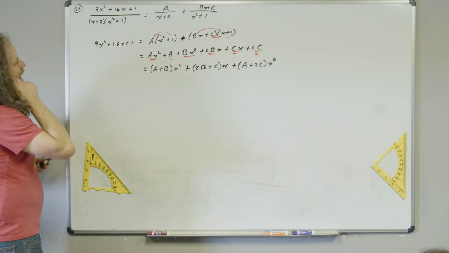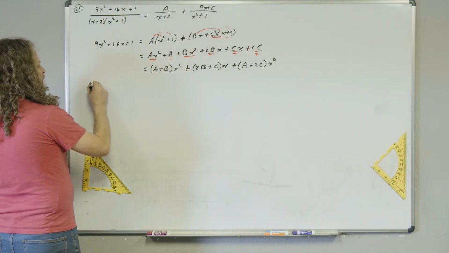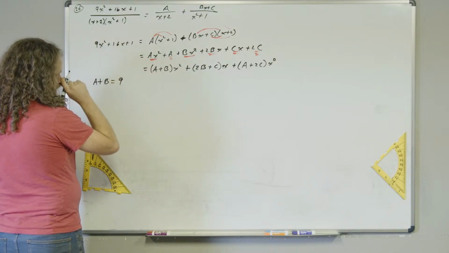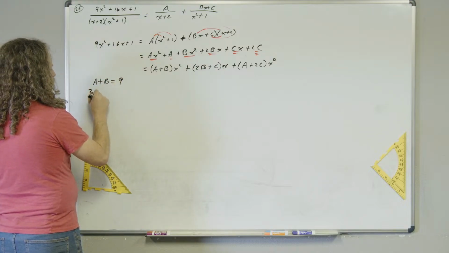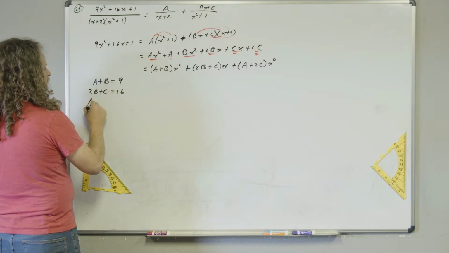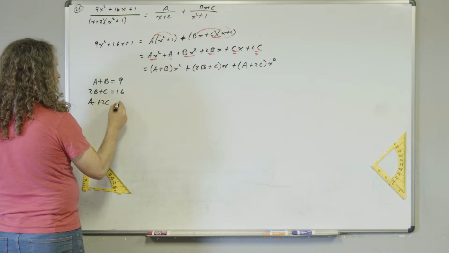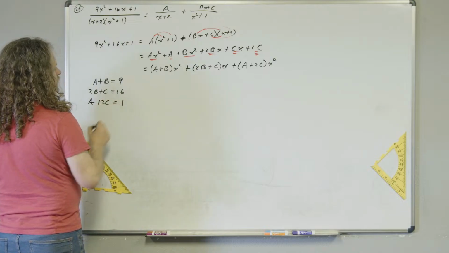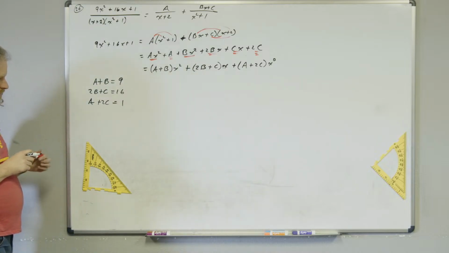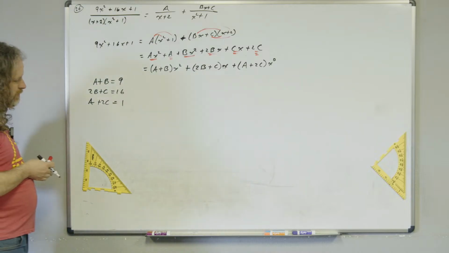Okay. We make it a system. A plus b equals 9. 2b plus c equals 16. And a plus 2c equals 1. Not Juan, but 1. Oh no, none of those match. So you're just gonna have to, I know, it's a 3x3 system.